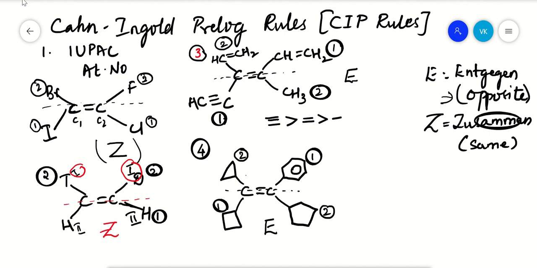Then the next rule is about if you have a lone pair of electrons, then what is the preference that is given? Let us take the example of a C double bond N, and then OH here, and this lone pair of electrons is present on your N, right?